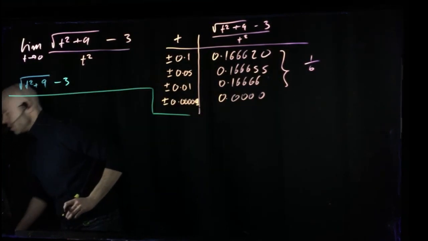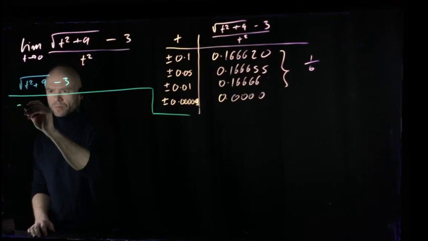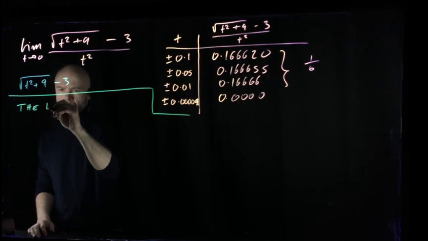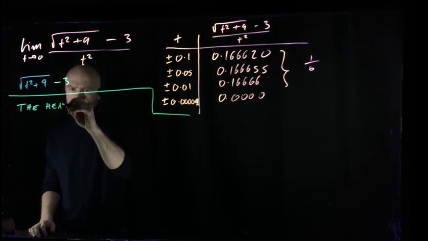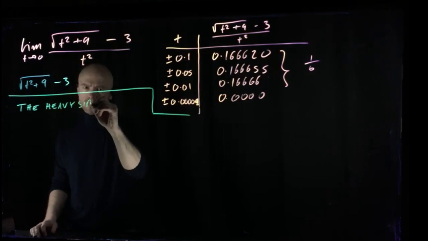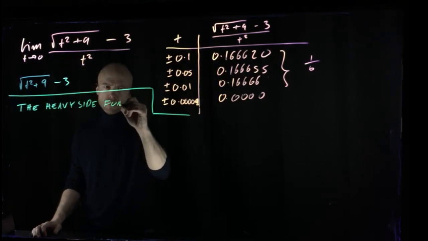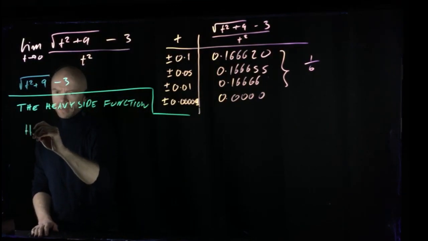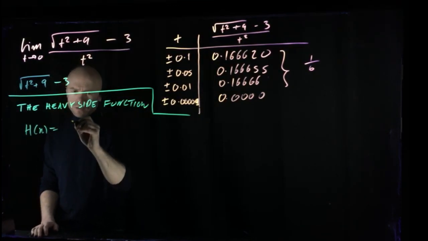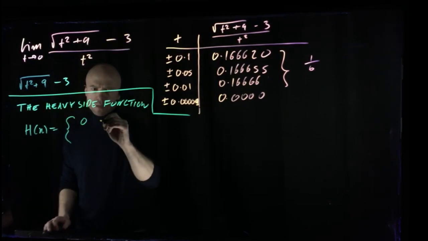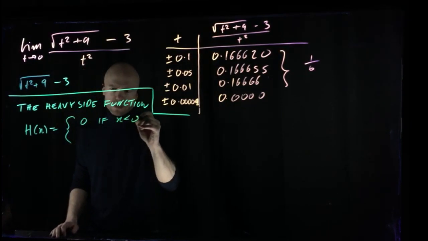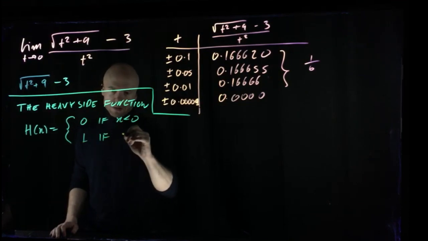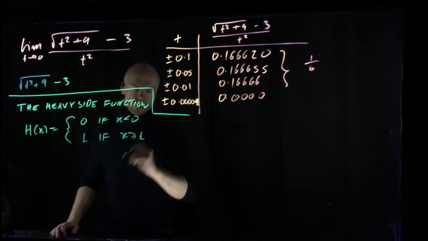This is the Heaviside function. And it looks like, well, let me first just give the definition. H of x is equal to 0 if x is less than 0, and it's 1 if x is greater than or equal to 0.